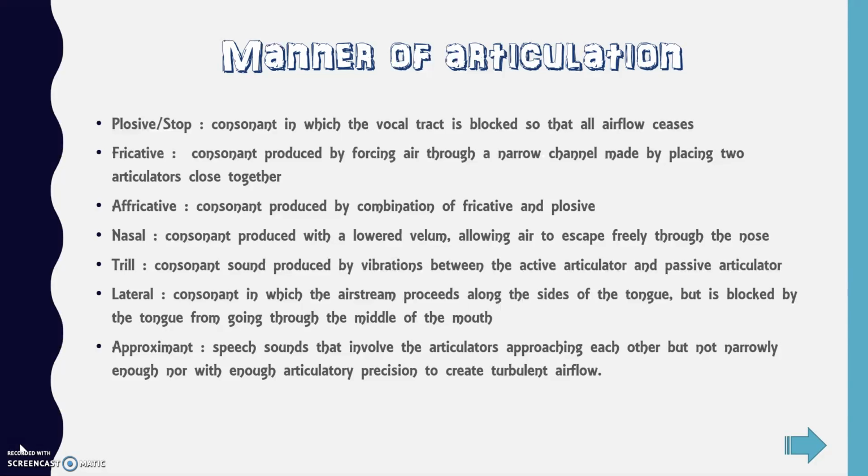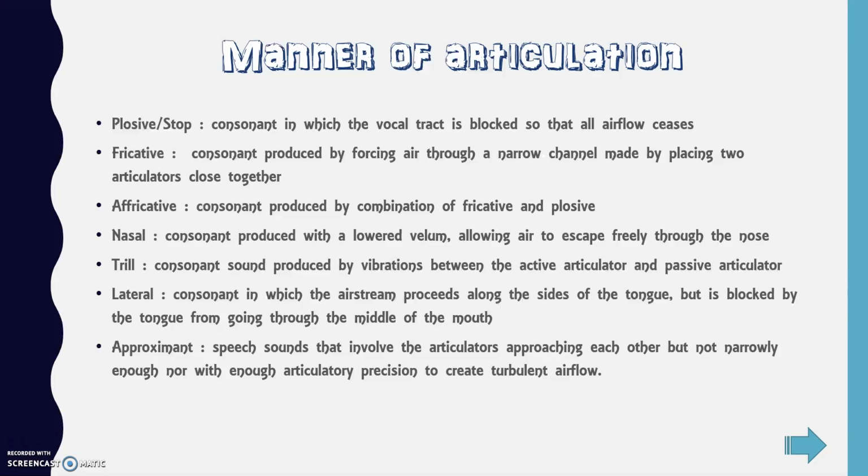The examples are C and G. Next is nasal. Nasal is a consonant produced with a lowered velum, allowing air to escape freely through the nose. The examples are M and N.